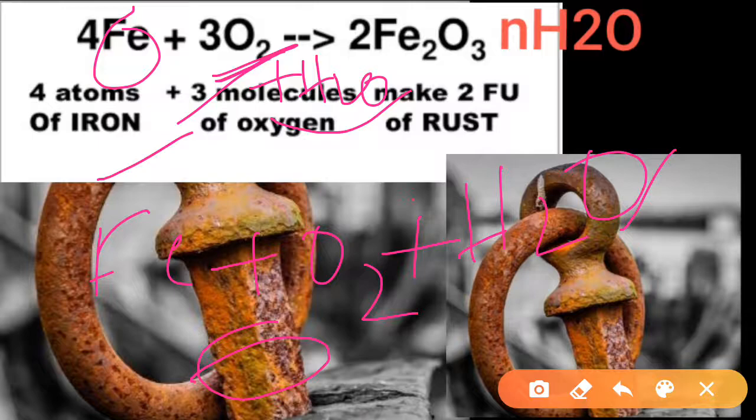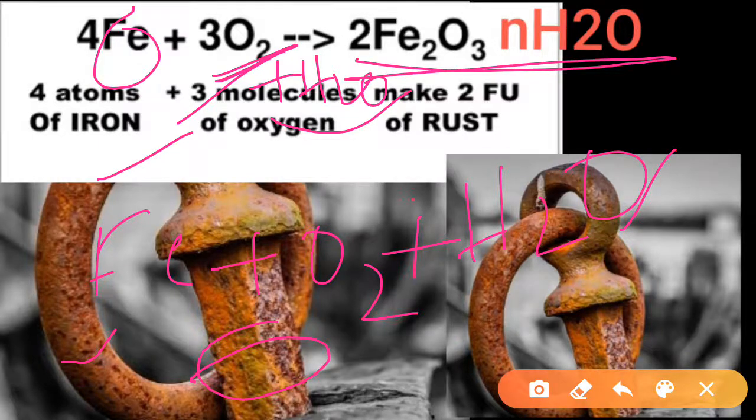Then what will happen? Over a long period of time, it will rust. A new substance is formed.